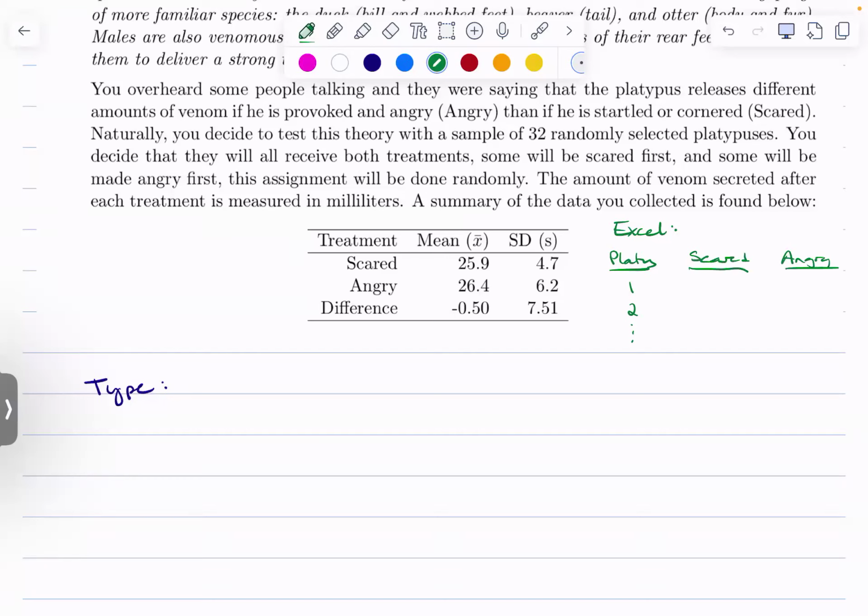Those are 2 samples, but they're paired on each platypus, right? And so that's why it's 2 samples, but they're paired on each platypus.